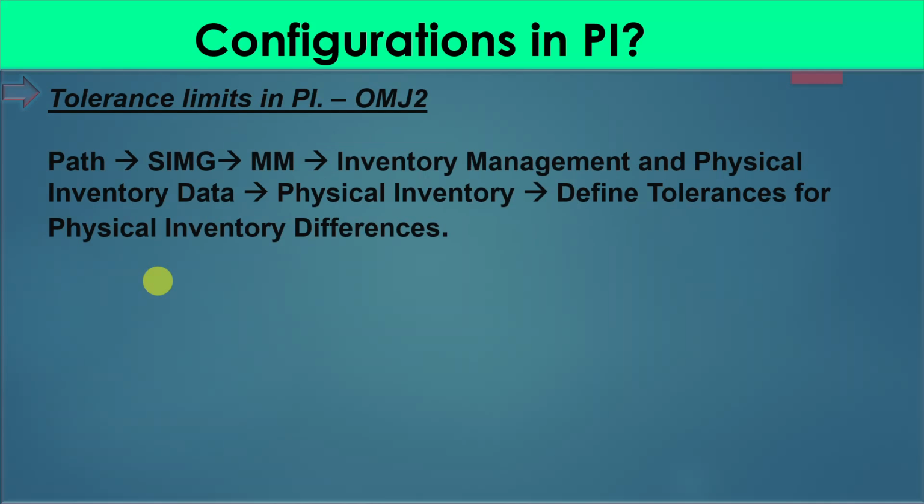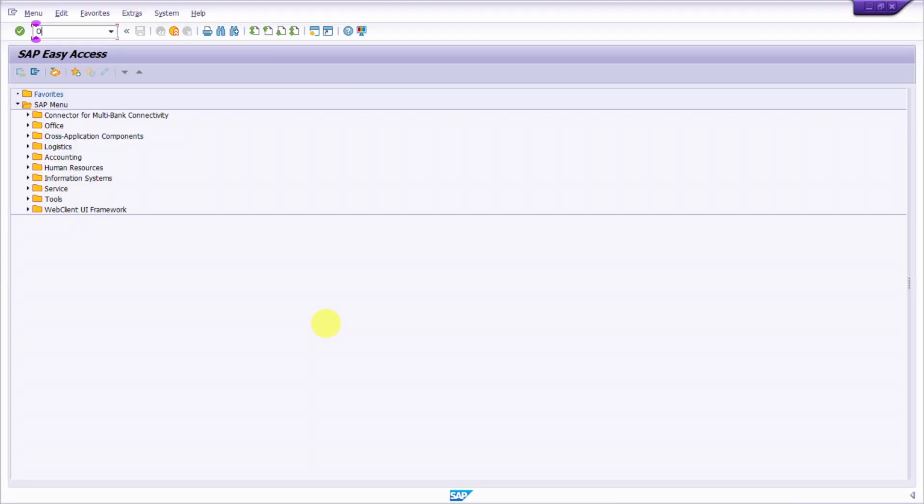Then configuration. There is a configuration in physical inventory where we can set some tolerance limit, and beyond that we cannot post the differences against physical inventory. This is the path and this is the T code for the tolerance limit: OMJ2.